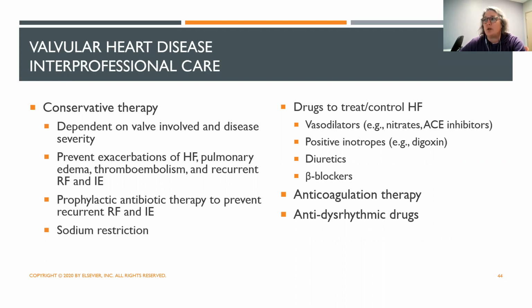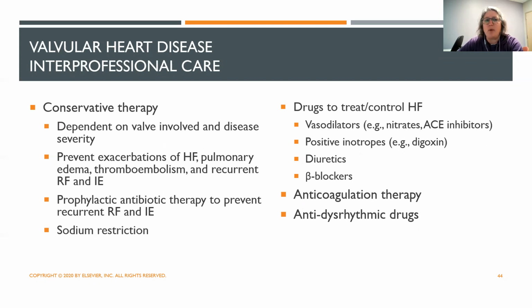We do use some different drugs to help control heart failure. We use vasodilators, and we talked about these in the heart failure chapter too. These drugs don't necessarily impact the valve, but they're impacting the heart failure that's caused by the valve failure. Vasodilators, positive inotropes like digoxin, diuretics, beta blockers.